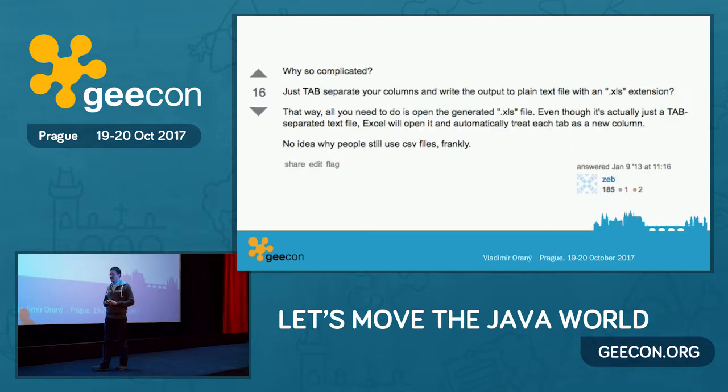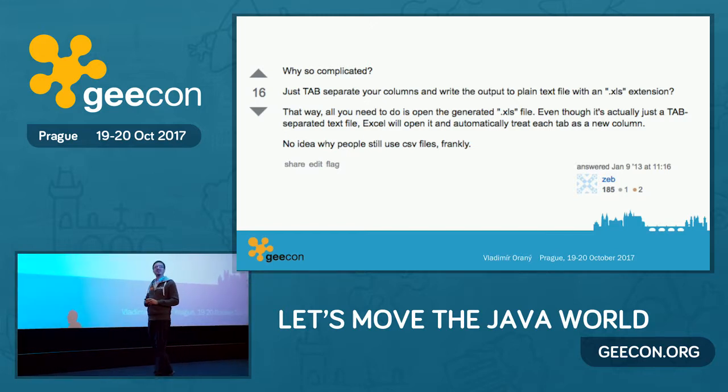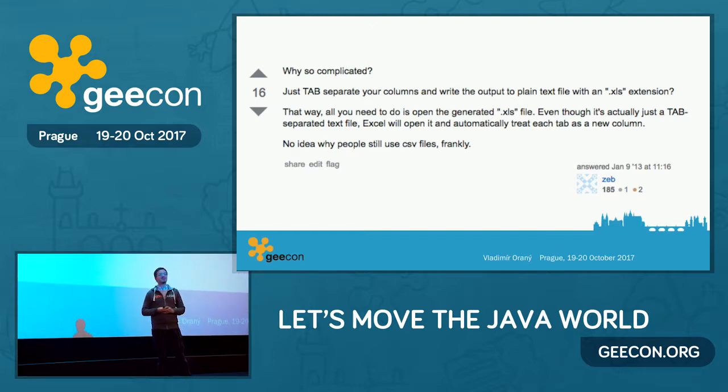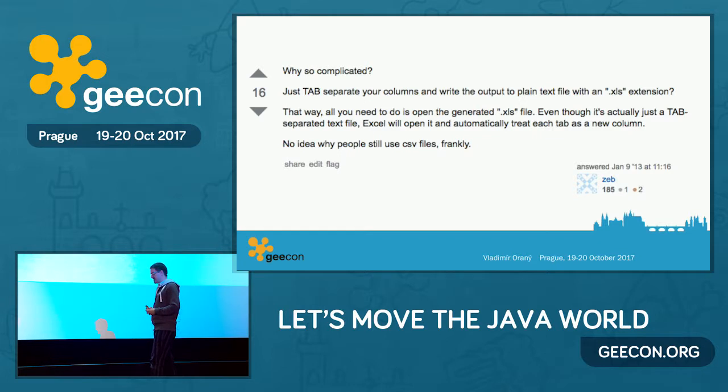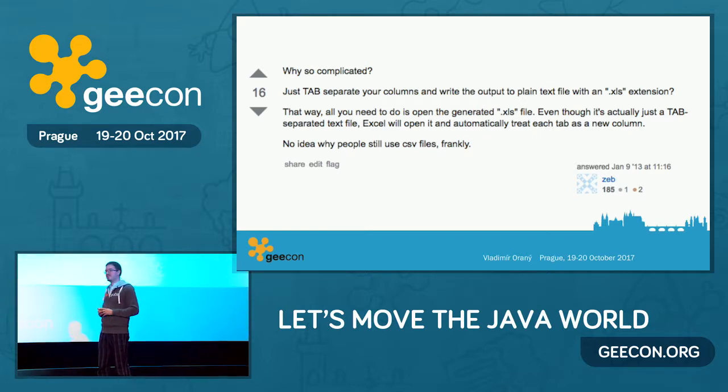Well, there is another guy who thinks, why waste time with CSV? You can just go with a tab separated file, and it will open in Excel as well. But what if there should be some rich content like bold text or something like that?